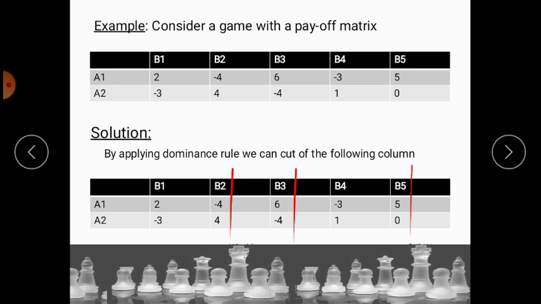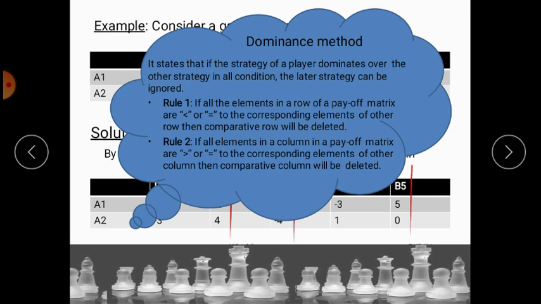Now how to apply the dominance rule? Let me quickly recall the dominance rule that we have learned. If the strategy of a player dominates over the other strategy in all conditions, the latter strategy can be ignored, right?